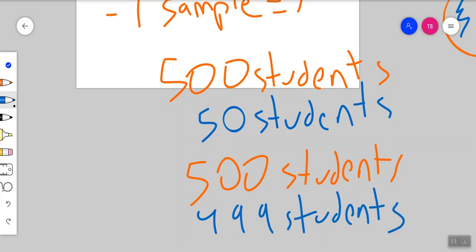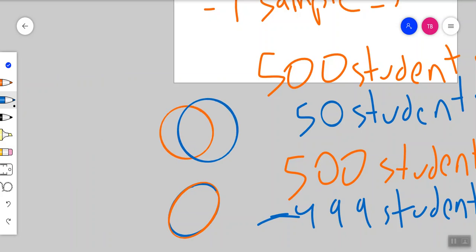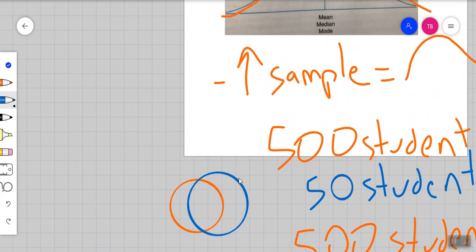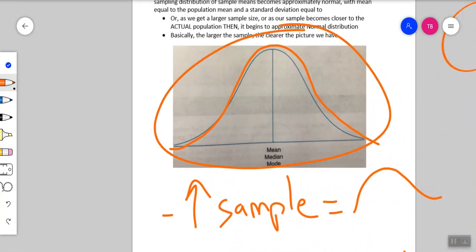In this survey we'd be pretty sure we got it right because we're only missing one student. So when we lined up our curves or circles, like I was showing in the example, this one would probably be almost perfect, whereas this one up here, just as an illustration, might not align as much. The bigger your sample is, the more normal it becomes. The bigger your sample is, the more it starts looking like this.